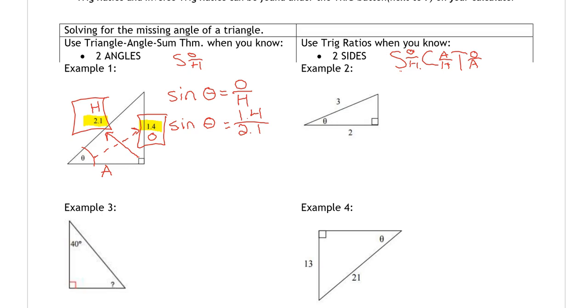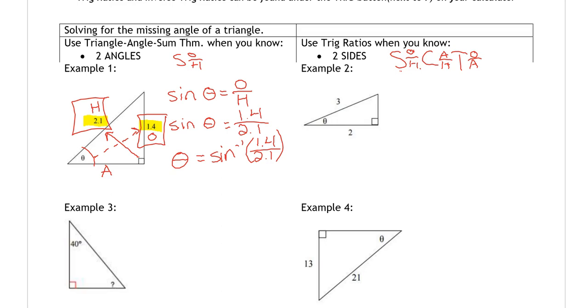I can rewrite this as, if sine of theta equals 1.4 over 2.1, theta equals the inverse sine of 1.4 over 2.1. It really is following our rules, right? If I'm adding something, to solve for it, I subtract. If I'm multiplying something, I divide. The opposite of sine is just this inverse sine. So we're still just doing the opposite like we've always done.